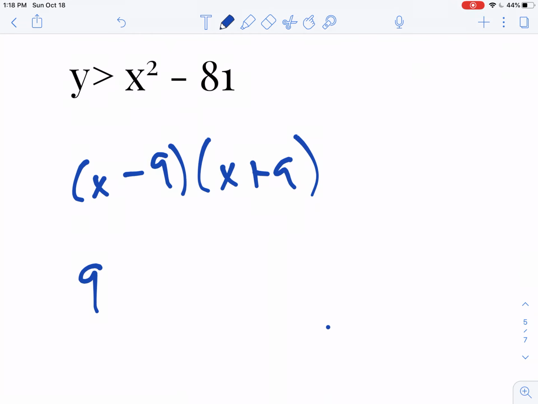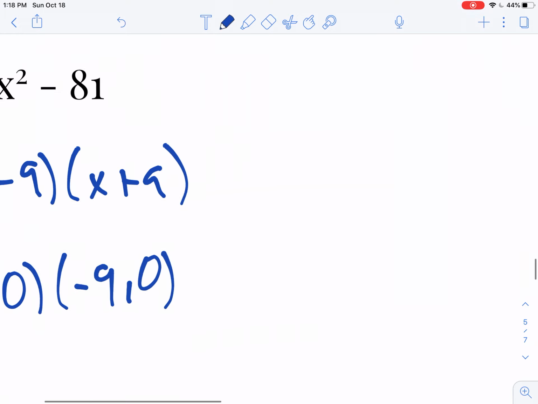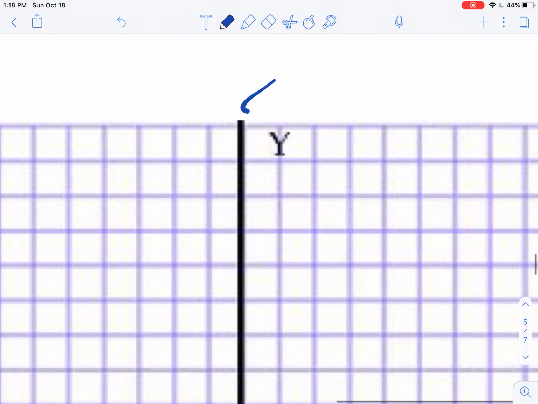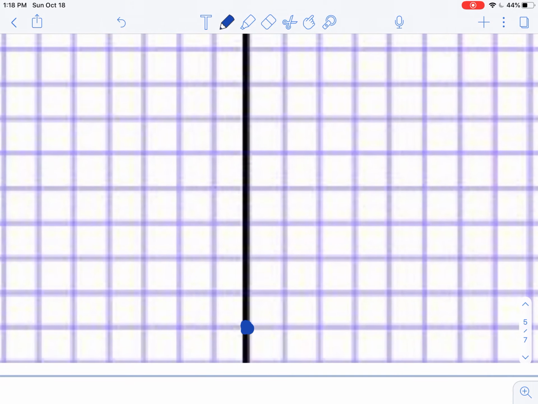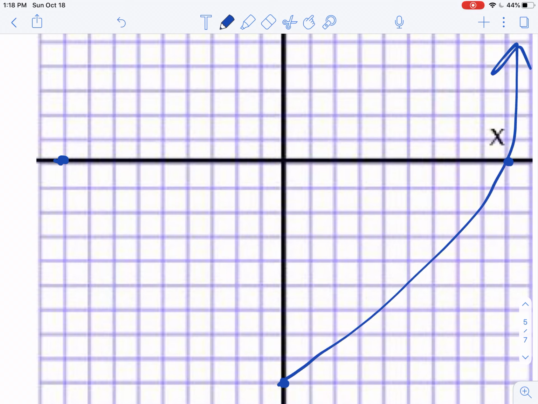So I've got 9, 0, and negative 9, 0 as my x-intercepts. I'm going to count my y-axis by 9s just to make life easier. So that means this is where my vertex would be at 0, negative 81. I'm going to keep counting my x-axis by 1, so I would have these two x-intercepts at negative 9, 0 and 9, 0. I'll draw my parabola through them.